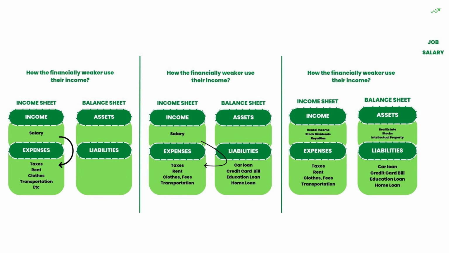Once again, the assets column is usually blank. And finally, the financially wealthier section has a job and gets a salary, but they do not use that salary as their actual income. They invest it into appreciating assets, and whatever they earn from those assets, they use for their expenses as well as paying off the liabilities.